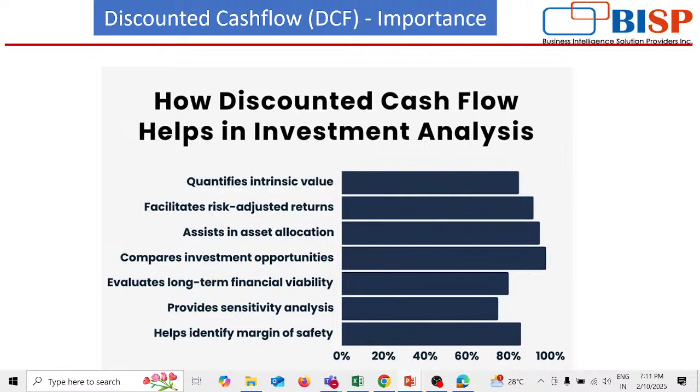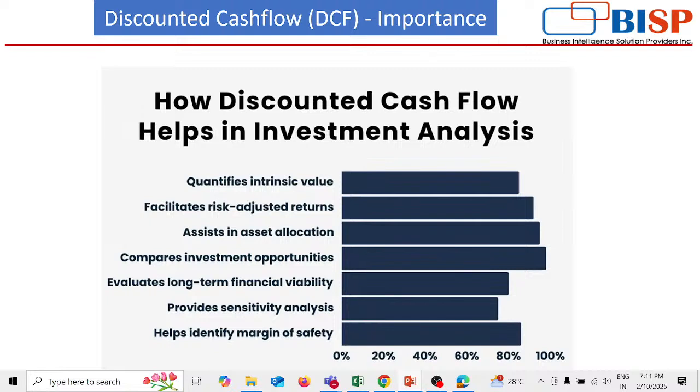It is very helpful, especially in investment analysis, because with the help of DCF, investors can quantify the intrinsic value. It will provide you whether you can invest in the future. It will provide you the amount, whether your investment decision is correct or not.